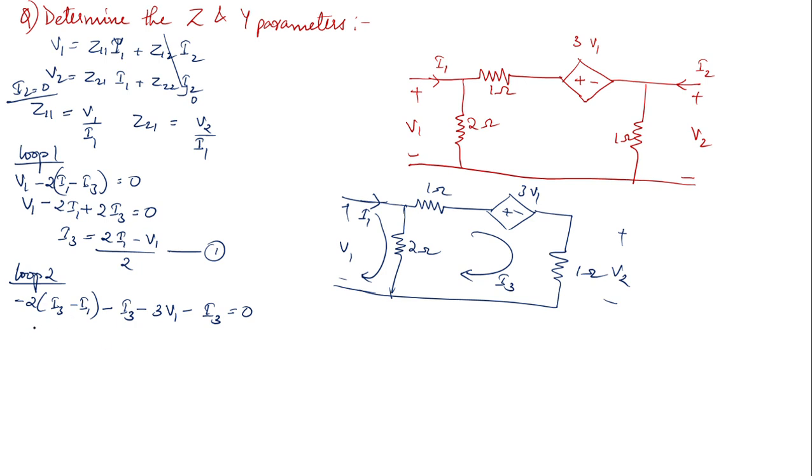Now you can just start rearranging. So you get minus 2I1 minus 3V1 minus 4I3 is equal to 0. Now you can substitute the value of I3 from equation 1.